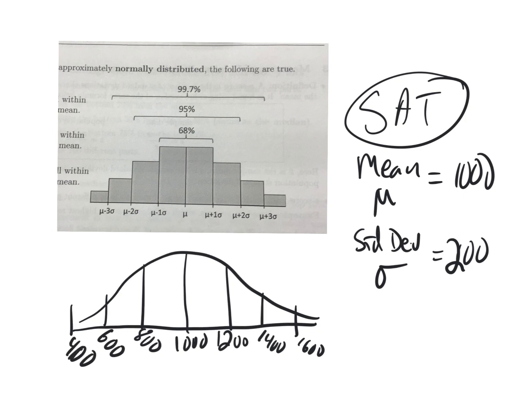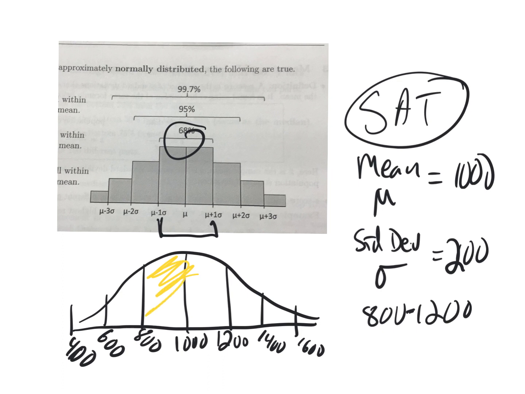So what can you do with this? Well, what's the probability that somebody scored between 800 and 1,200 on their combined scores? If we look at that, one standard deviation below to one standard deviation above the mean accounts for 68% of the scores. Actually, can I do a highlighter?